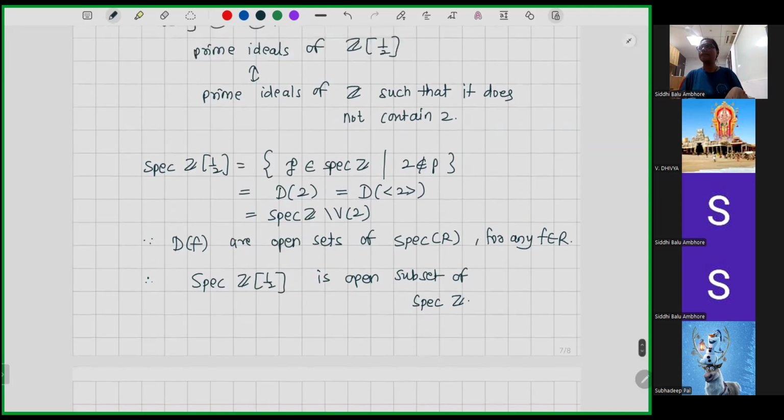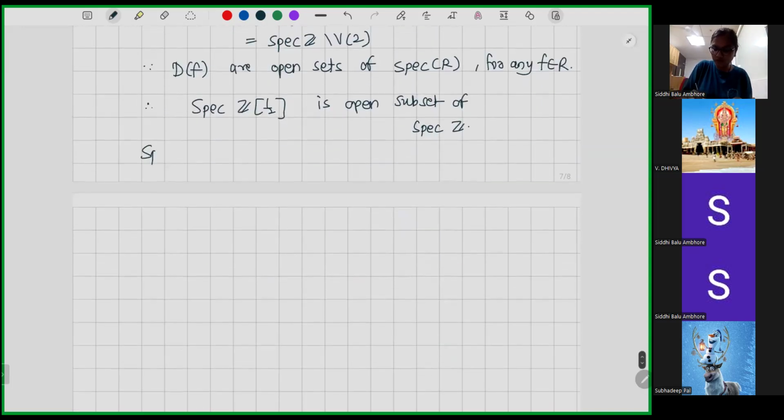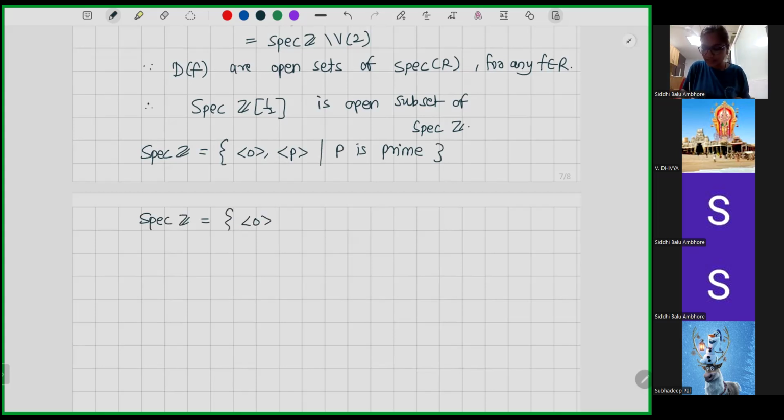So we know the spectrum of Z is the ideal 0 and the ideals generated by P such that P is prime, and we are just omitting the ideal generated by 2. So we can simply write it as 0, comma, P such that P is an odd prime. Since it was 2, we have this liberty to write it this way.